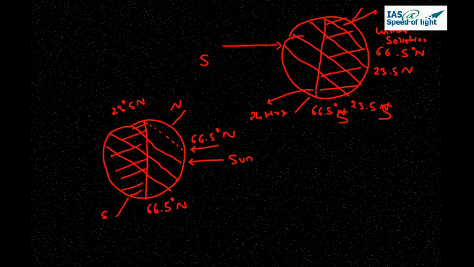So here we have the northern hemisphere, which is now having 24 hours sunlight, and the southern hemisphere, which is having 24 hours of darkness.